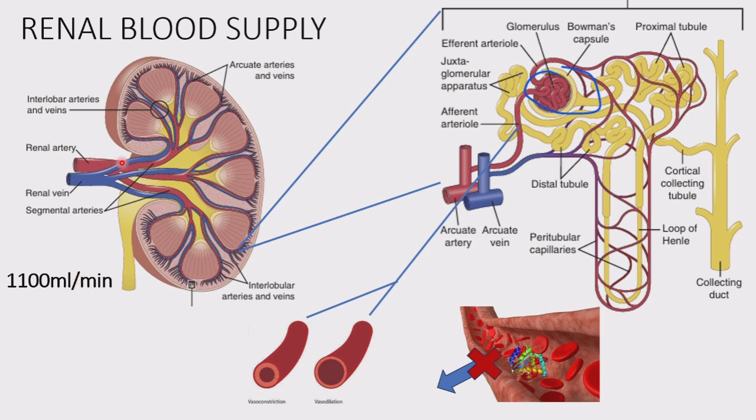The renal artery branches to form your interlobar artery, then into your arcuate artery, this one that lines your pyramids, then into interlobular arteries, also called radial arteries, and then branched into afferent arterioles, which lead to the glomerular capillaries, where filtration of fluids and solutes occurs to form your urine.